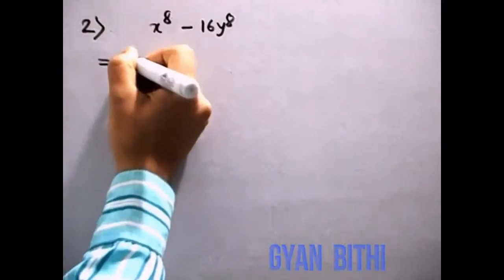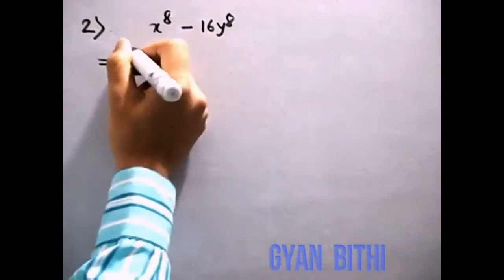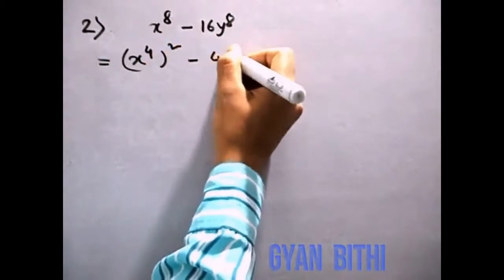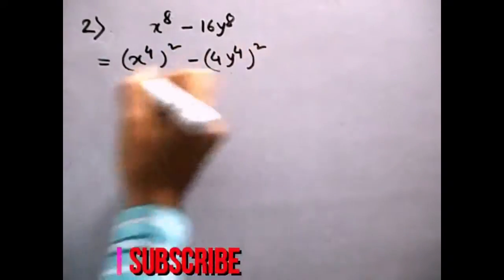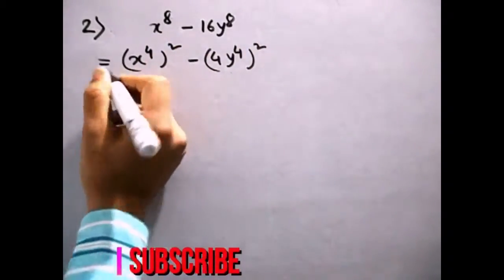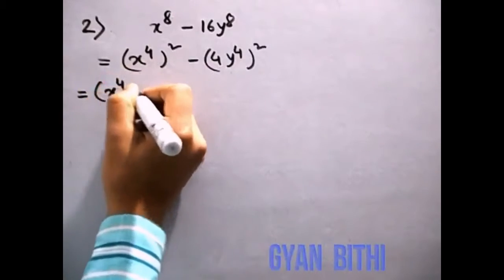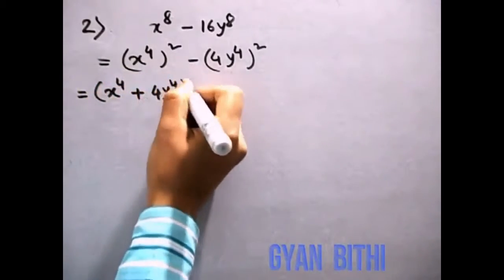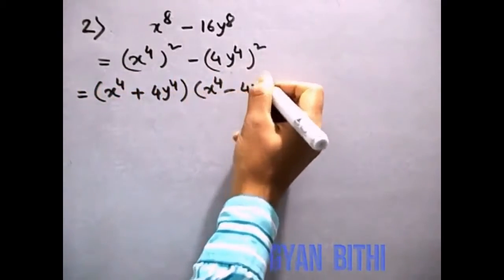Number 2 is equal to x to the power 4 whole square minus 4y to the power 4 whole square, equal to x to the power 4 plus 4y to the power 4 into x to the power 4 minus 4y to the power 4.